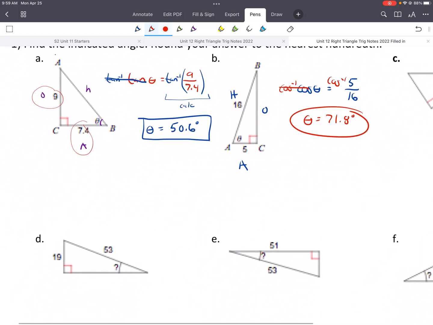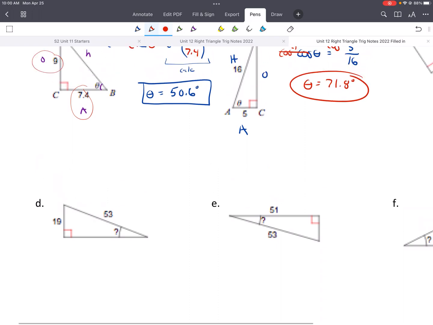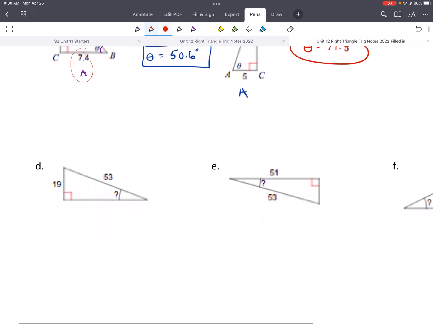We can skip C. Let's try D, because we haven't done this. We've done tangent, we've done cosine. So with the reference angle, we would have opposite, hypotenuse, and this would be adjacent. So what uses O and H? Well, that's sine. So sine of theta equals 19 over 53.